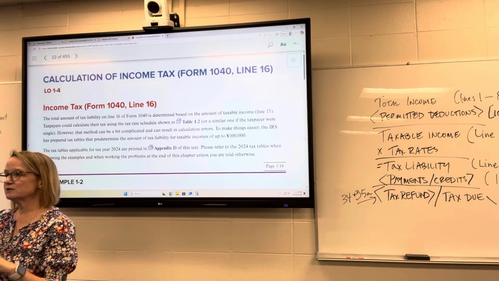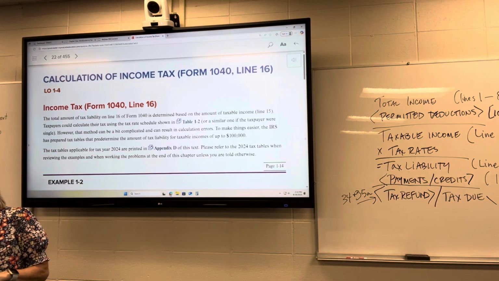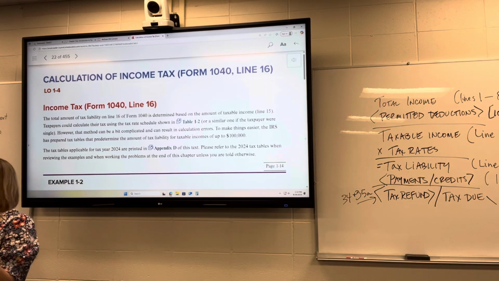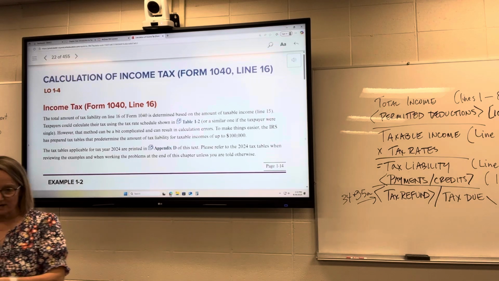Remember, the percentage method was a table, right? We were using just the tables. We'd look up the income and all that, but the tables only go up to a certain point, right? And if your income fell off of that table, then you had to use the wage bracket method to do the calculation.